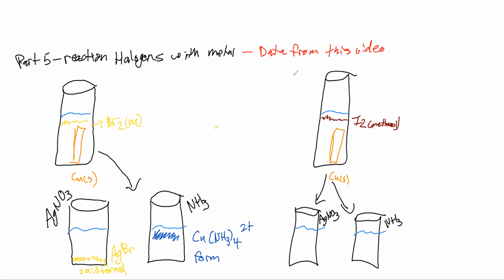In this case, we see a solid form with the silver nitrate. That solid is going to be AgI. It's really more of a whitish solid, but me drawing a whitish solid doesn't seem like it would be a good visual. And over here, we see again that nice blue color form.